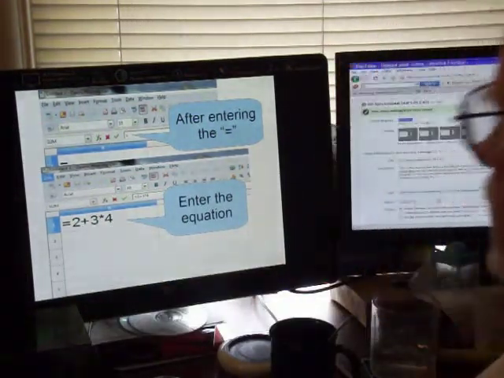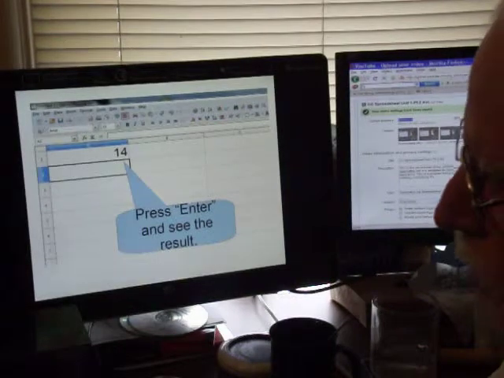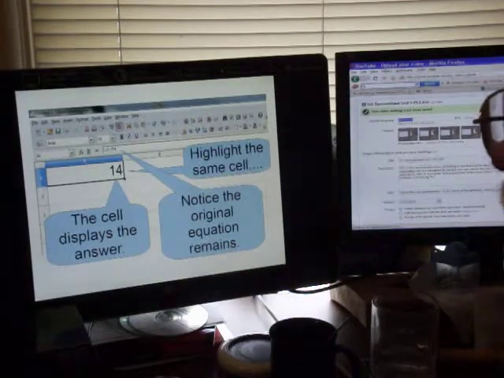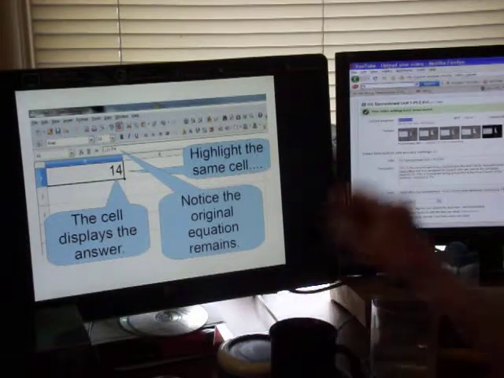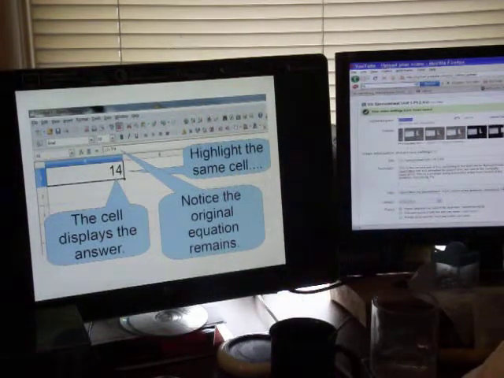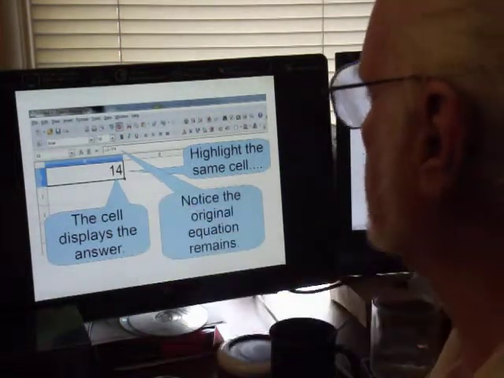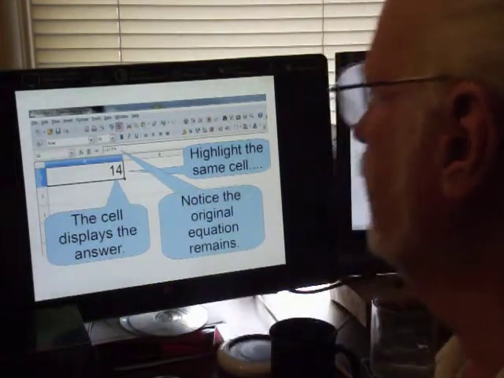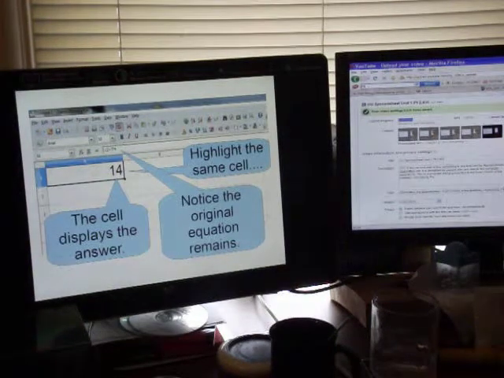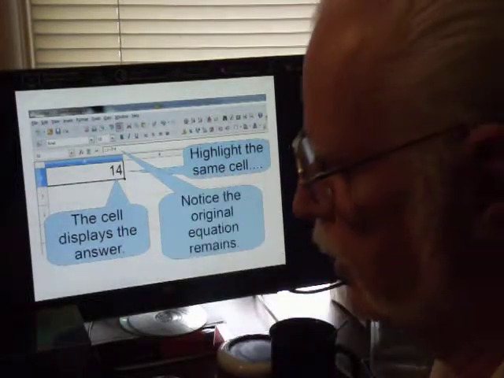So when we press the enter key, take notice that the 14 is displayed. Now, one thing we can realize when we go back and look at it, the equation is intact in the format bar. And in the sector where we put that equation, it only shows the answer. When we change the numbers up in this format bar, the answer will change.